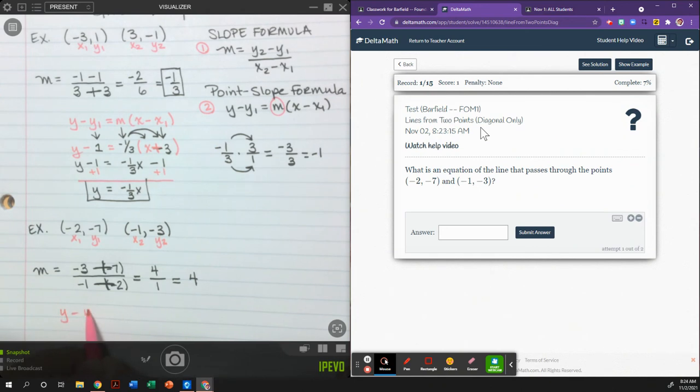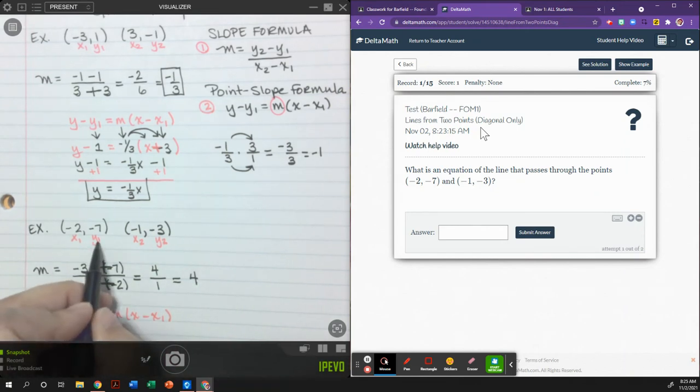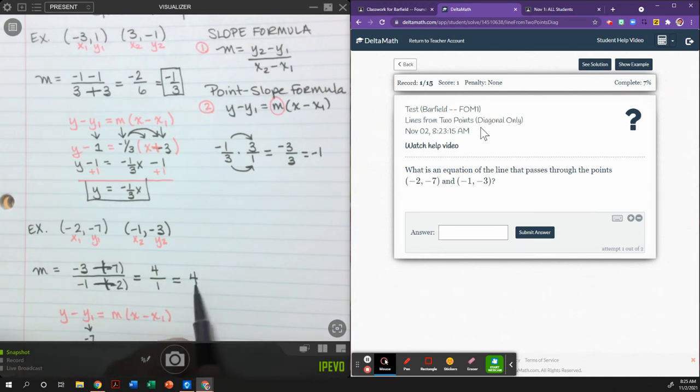All right, so now I'm going to take that point slope formula. y minus y1 equals m times x minus x1. I'm going to plug in y1, so -7. I'm going to plug in m, 4. And then x1, -2.